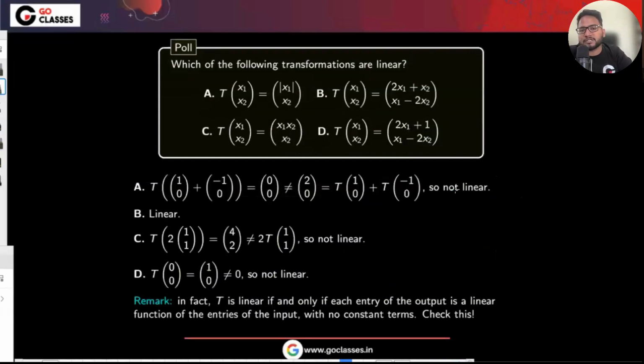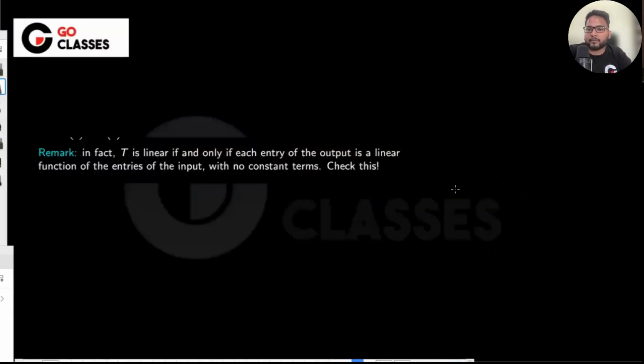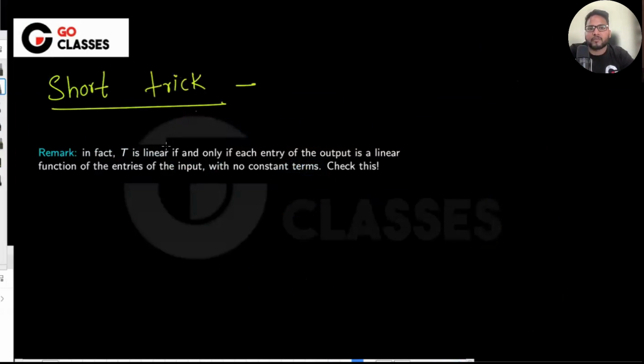Let me also talk about the short trick that I'm saying again and again. Using this short trick, you can quickly identify whether something is a linear transformation or not. T is linear if and only if each entry of the output is a linear function of entries of the input, with no constant terms.